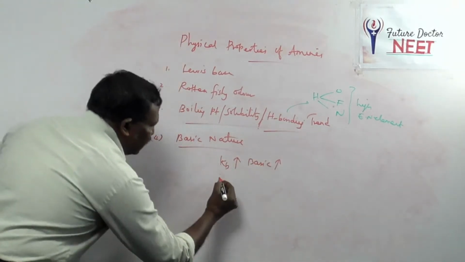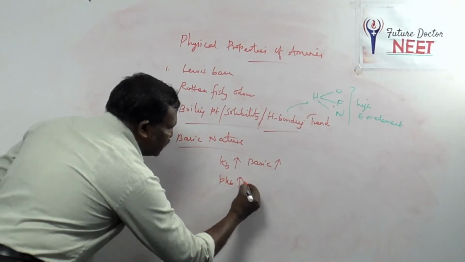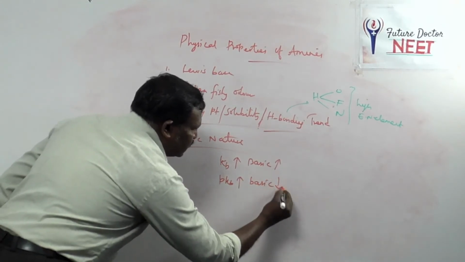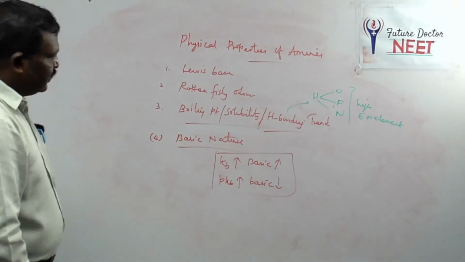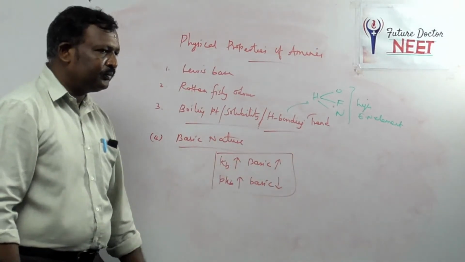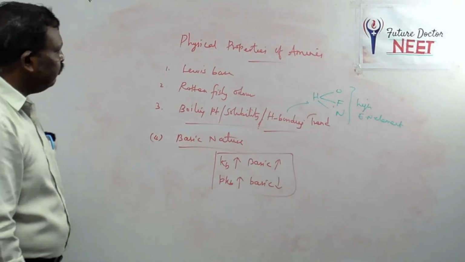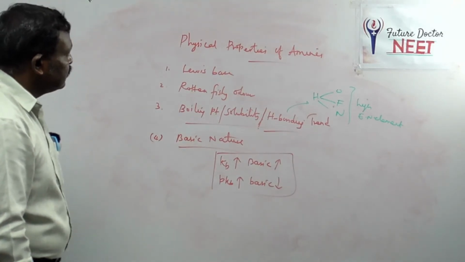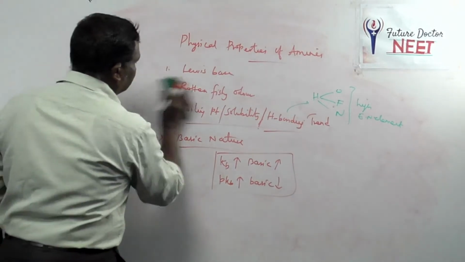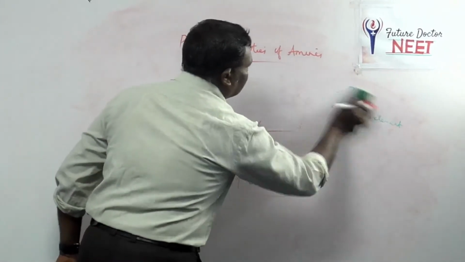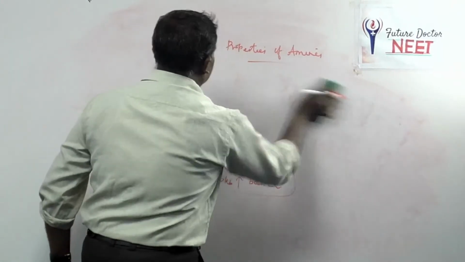This only remember. Then if pKb value increases, basic character decreases. It's very important. Just note down. They'll give the value, so this trend only you should know. Understood? Next one.